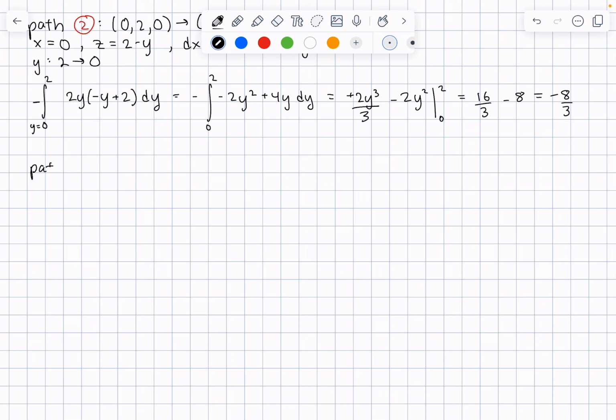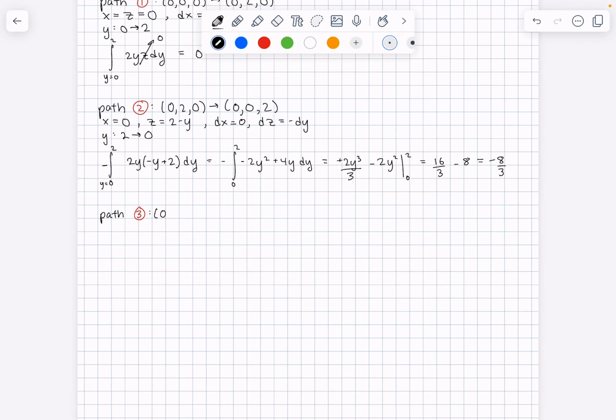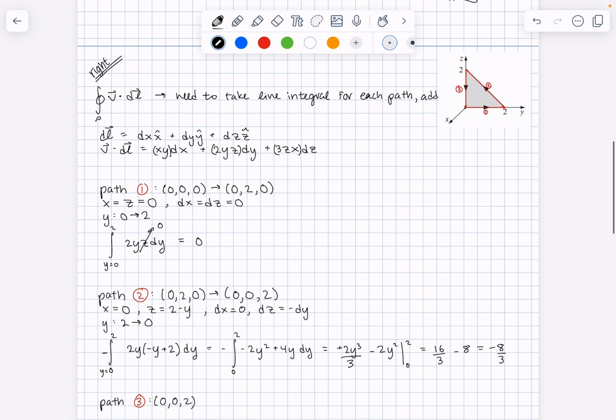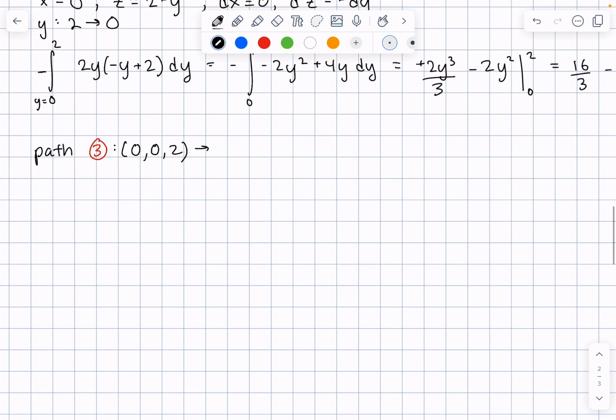So for path 3, we will be going from 0, 0, 2 back to the origin at 0, 0, 0.